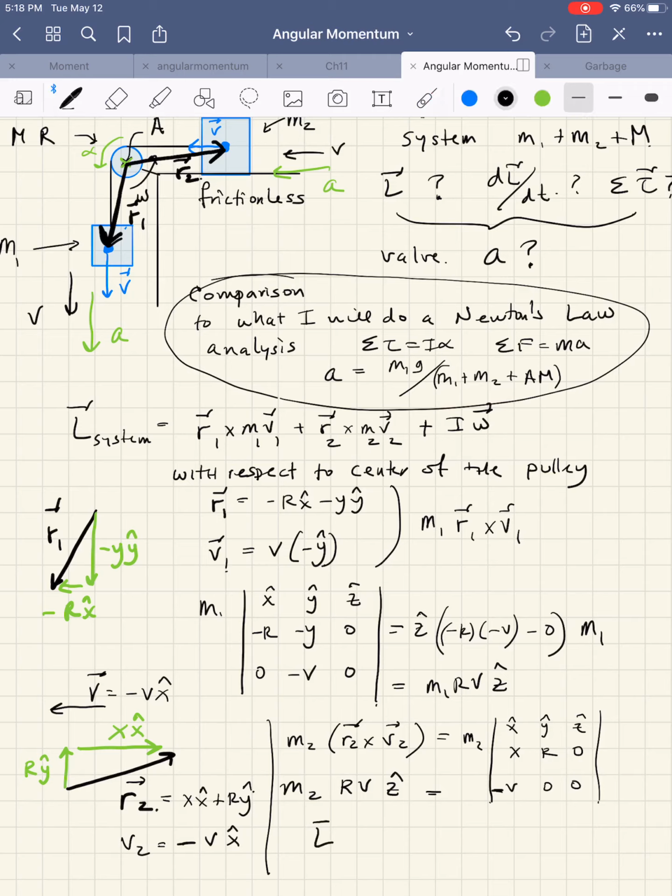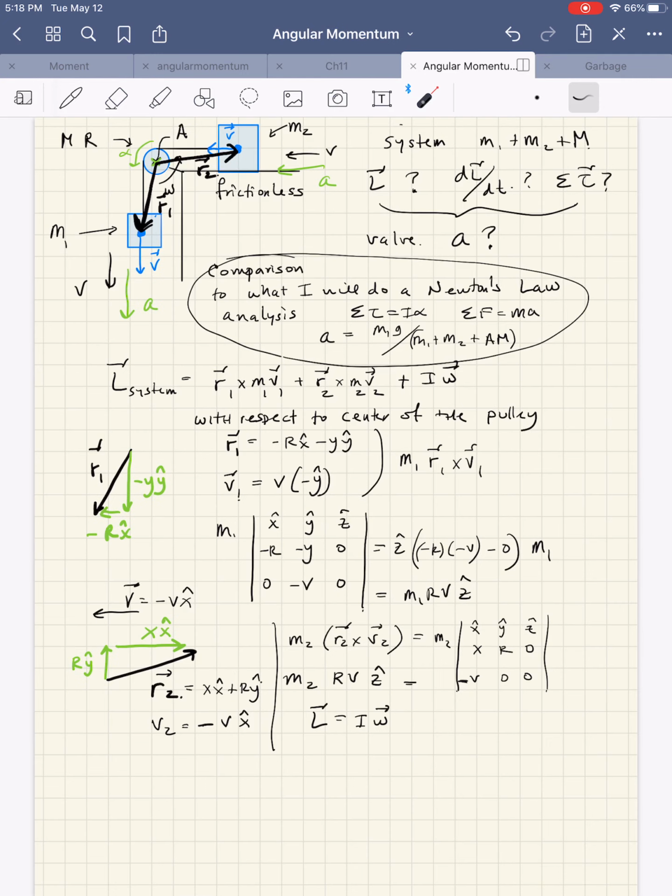For the rotating rigid body, it literally is just I times omega. Using the alternate right-hand rule, I'm looking at this thing and I see that it's making a counterclockwise rotation, which is associated with a positive z hat direction, which, since I've been using positive y hat up and positive x hat to the right, is out of the board.